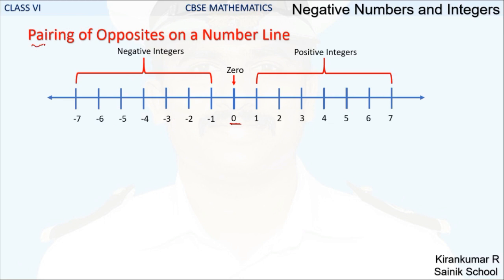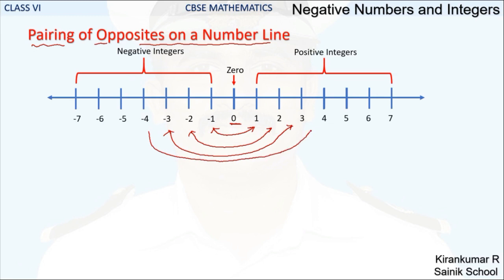We need to pair the opposite numbers on this number line. 1 and -1, 2 and -2, 3 and -3, 4 and -4 are pairs which are opposite to each other.